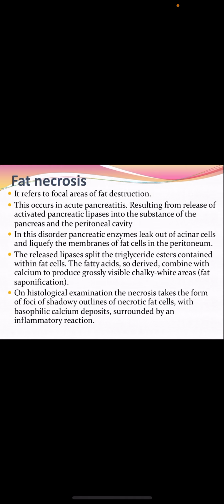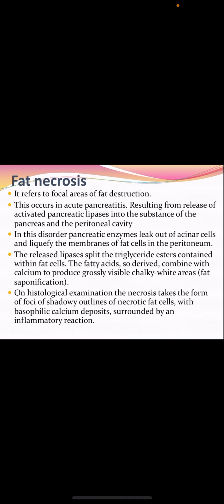On histological examination, the necrosis takes the form of foci of shadowy outlines of necrotic fat cells with basophilic calcium deposits surrounded by an inflammatory reaction. In simpler terms, fat necrosis is most commonly seen in patients with acute pancreatitis.